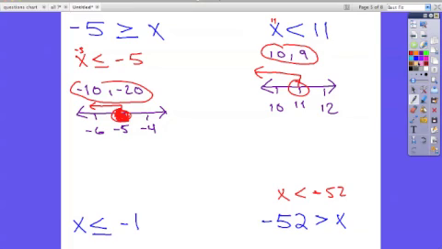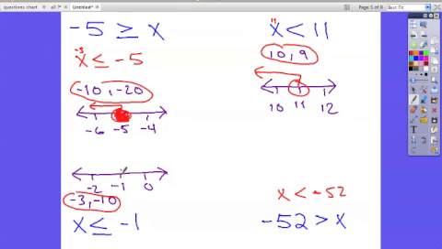Going down to the bottom left-hand corner. Numbers that will work for this, I need less than or equal to negative 1. So we could go negative 3, we could go negative 10. Those are less than or equal to negative 1. So I'll put my number line on here. Going to put negative 1 right in the middle. 0 would be there. Negative 2 would be there. I want to make sure that whatever direction I draw this arrow, it's hitting these numbers.